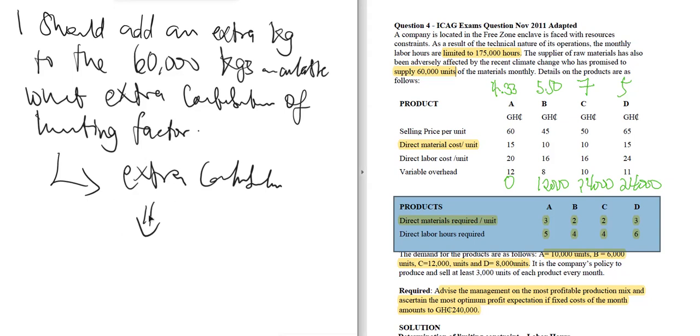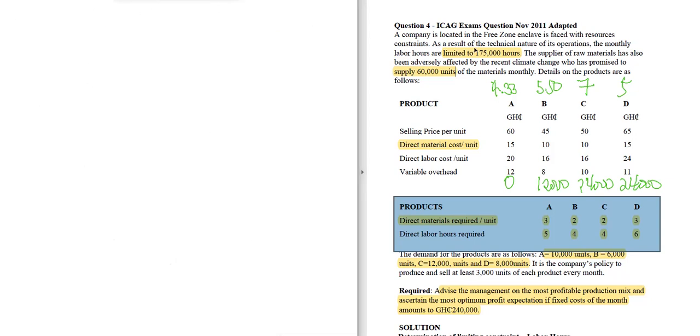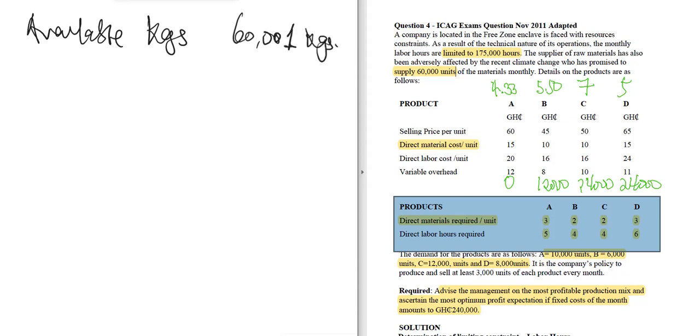What becomes the extra contribution that you get? Let's see. So now I'm saying that the available kgs is now 60,001. Not so. It's now 60,001 kgs.